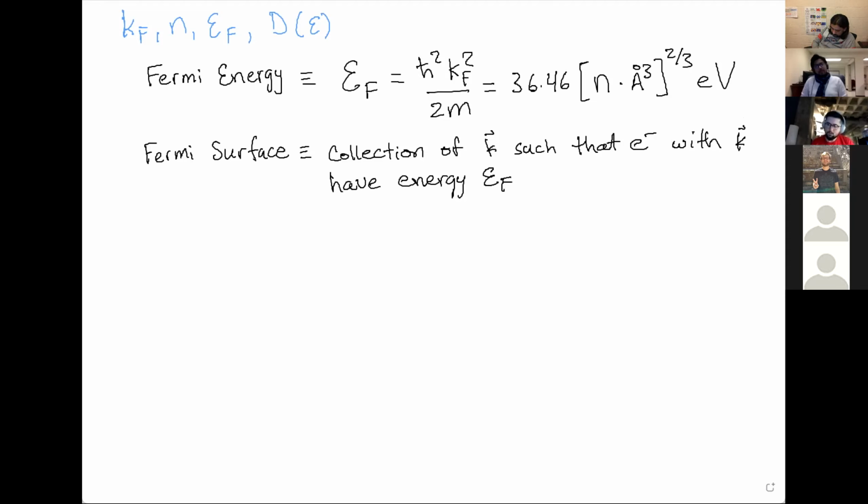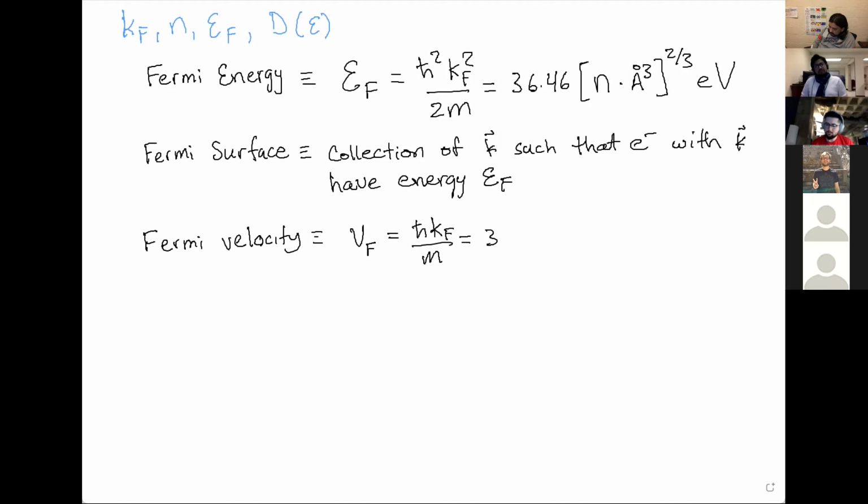Another thing that we can talk about is the Fermi velocity. So I think we touched upon a little bit about this already. The Fermi velocity is defined and given to you as this quantity. So you see h bar kf, that's kind of like a momentum divided by mass.